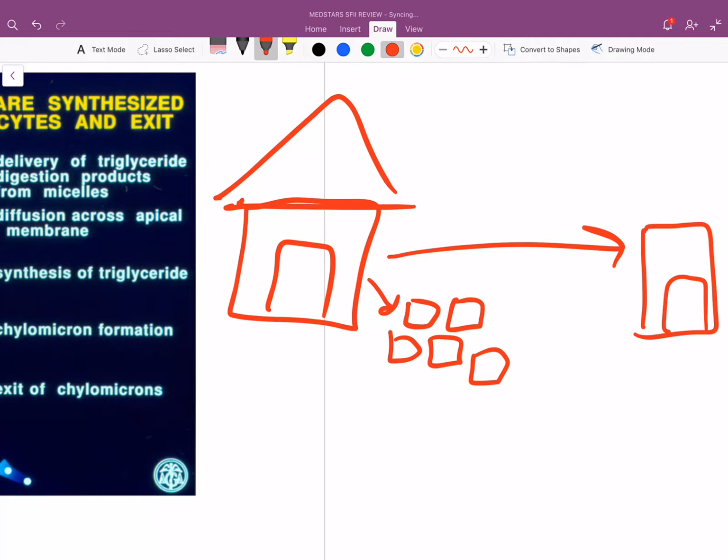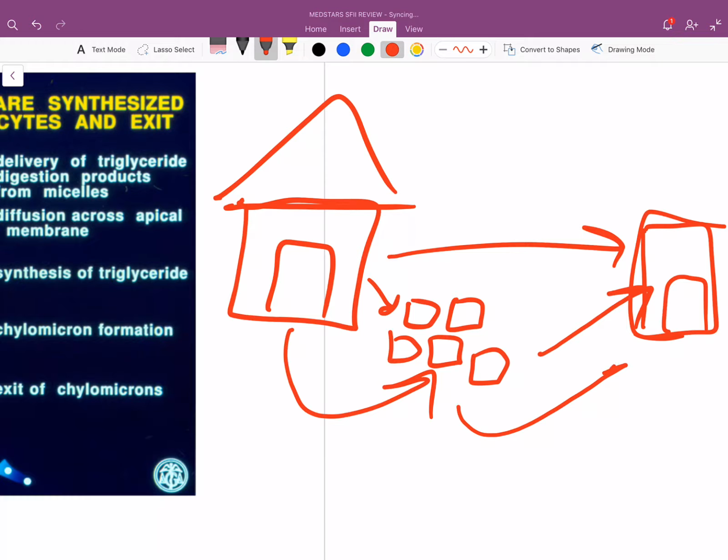Then you move it into your new place, and then you unpack it, and then you're in a new place. So that's how fat works, right? You break down fat into smaller things, then you absorb those smaller things, and then you build the fat again once it's inside your system.